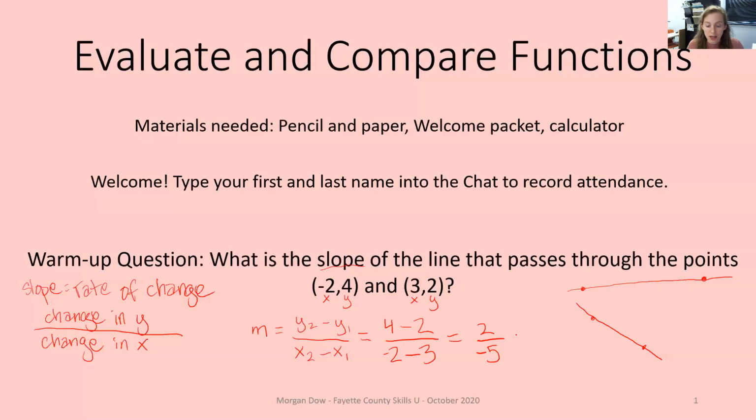Since there is a negative sign here, usually what we will do in our final answer is pull it out to the front and write it like this. So the slope of this line is -2 over 5, or -2/5. That means for this particular line, each time we go down 2, we go over 5. Down 2, over 5. Down 2, over 5. That describes the slope of this line.